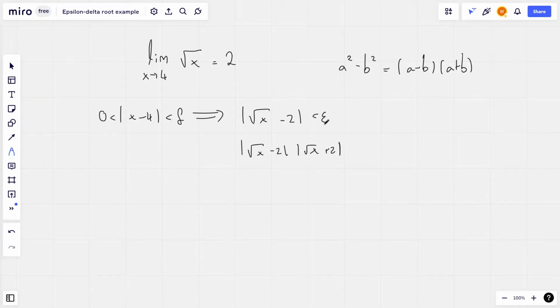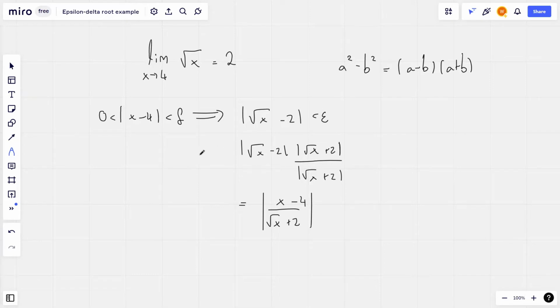However, we don't want to change this, so if we multiply it by root x plus 2 over root x plus 2, we're essentially multiplying by 1, so nothing on the right hand side changes. However, this is equal to x minus 4 over root x plus 2.